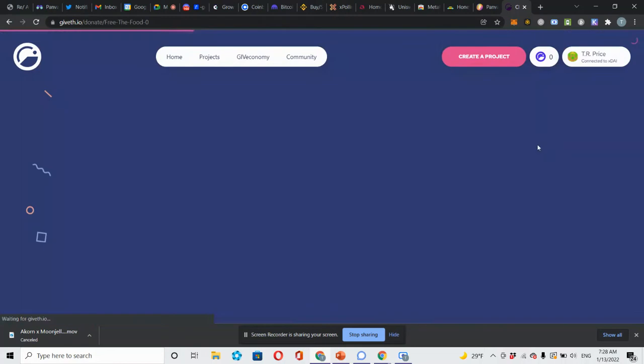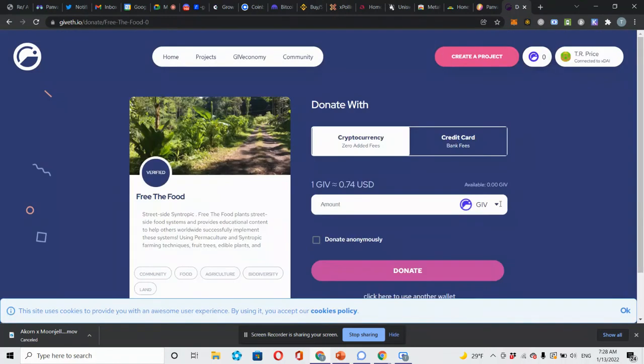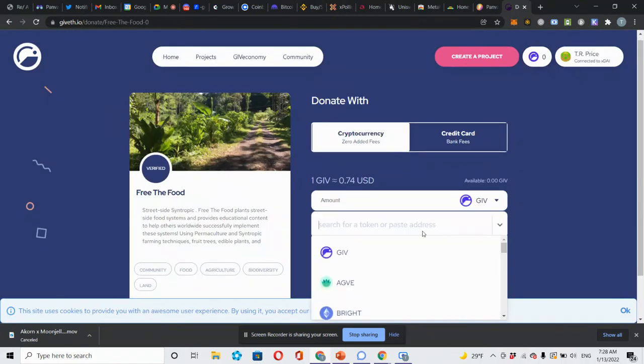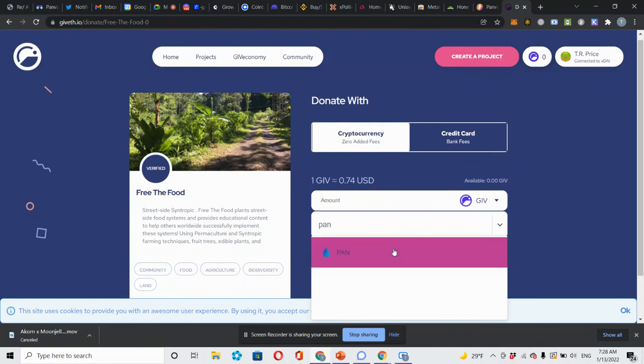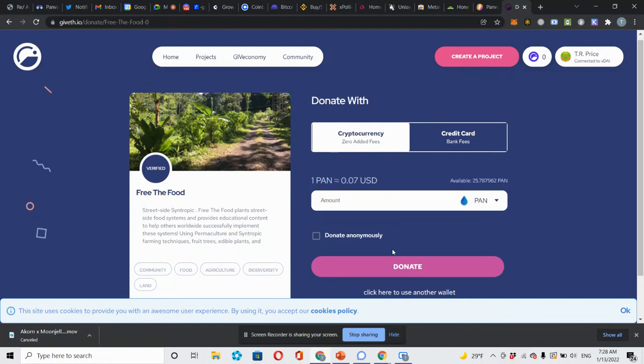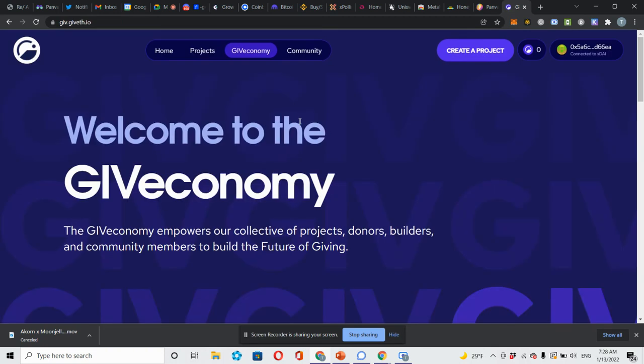And again, if you interact with PAN on Giveth, it will be helping in this funding. So you'd be able to do that, and you'd say, okay, I want to donate that amount of PAN, and then donate there. The tokenomics for Giveth or Give Economy right now is pretty cool, and it's rewarding people that give.